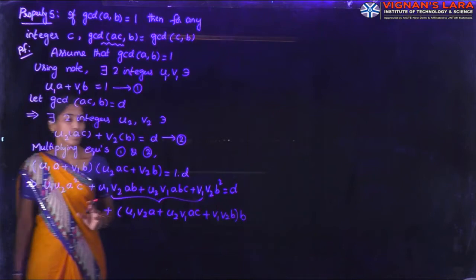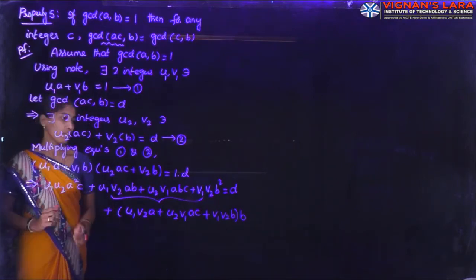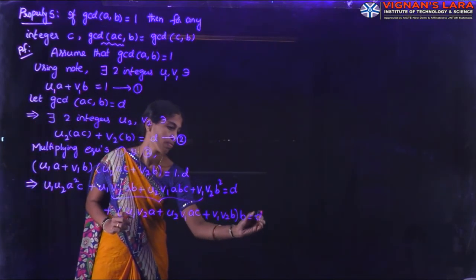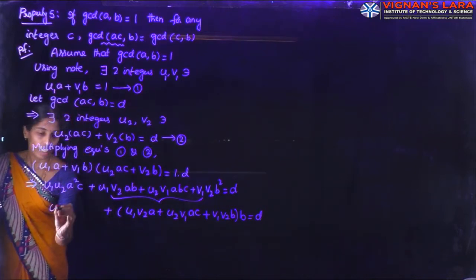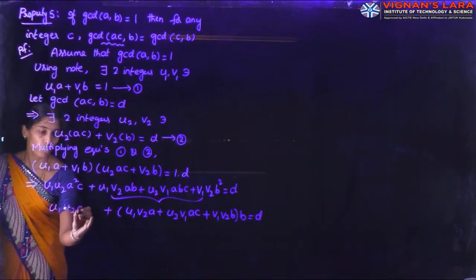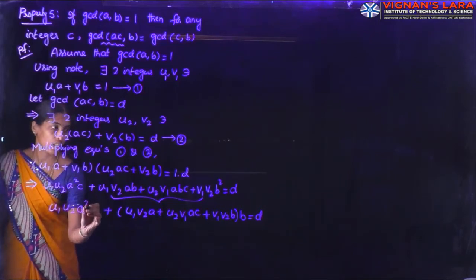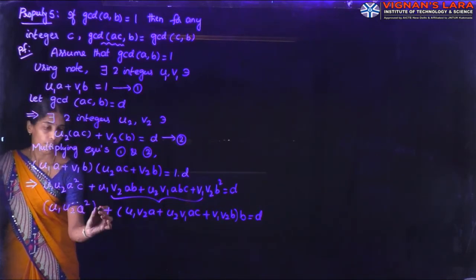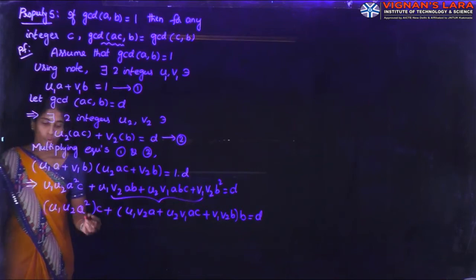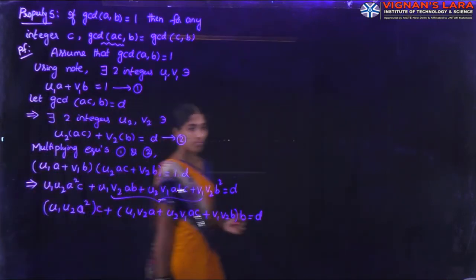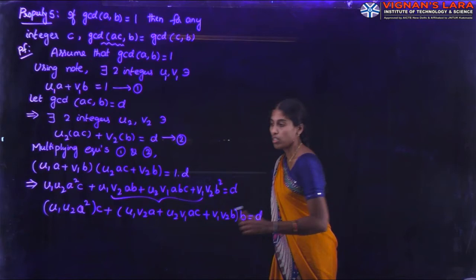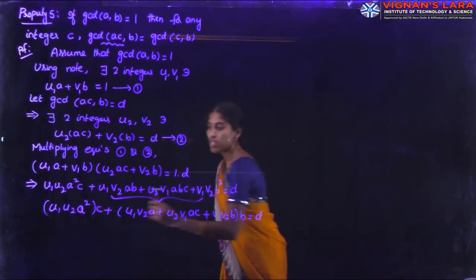So from the last three terms, we took common b. From the first term, we can write it as u1 u2 c into, that means a square into c, right? So now we consider from the first term we took common c.